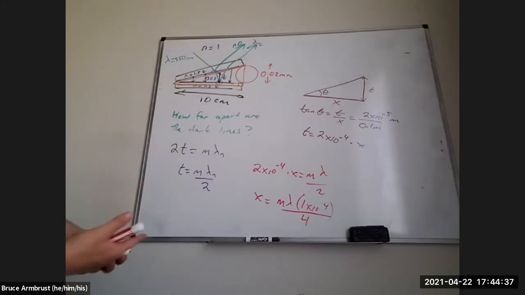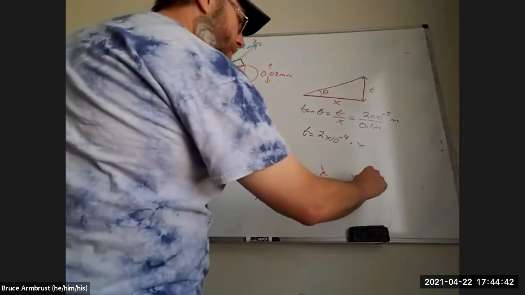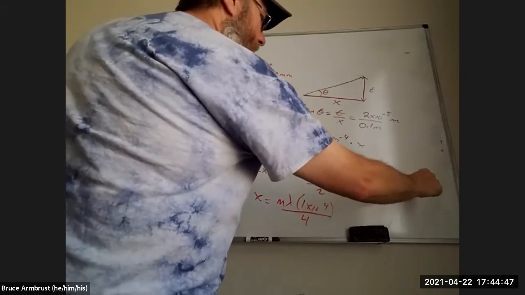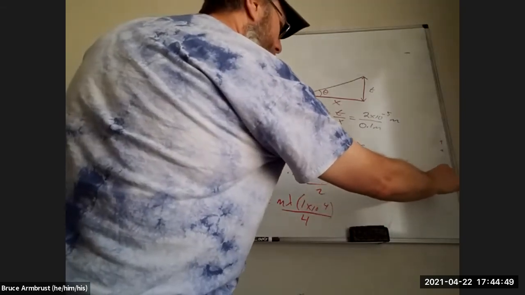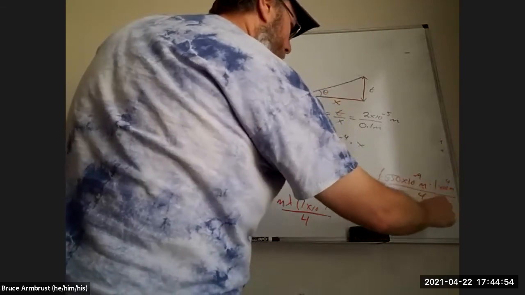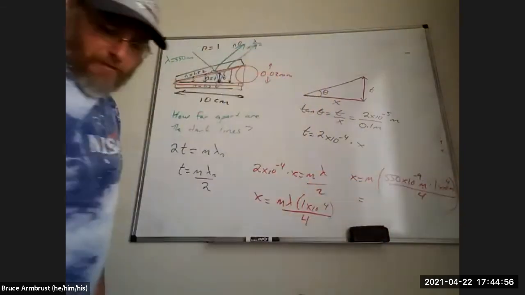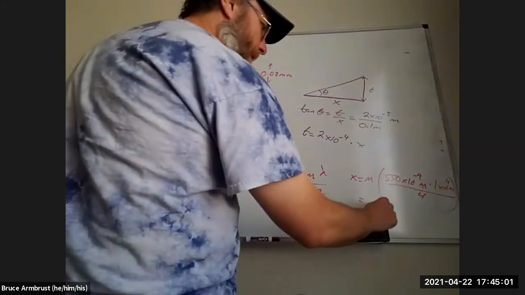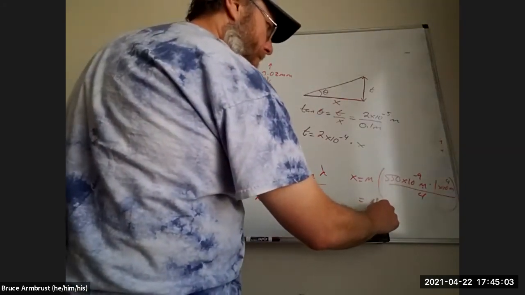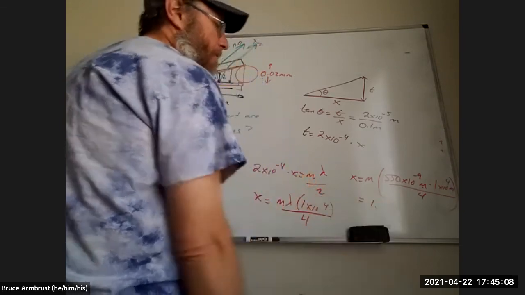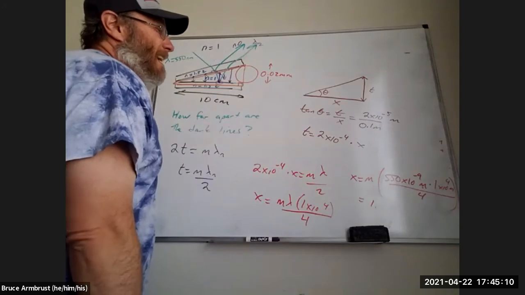So let's put in our lambda. We have 550 nanometers. So we get x is equal to m times 550 times 10 to the minus 9 times 1 times 10 to the 4th over 4. And that ends up being, a little bit more than 125.